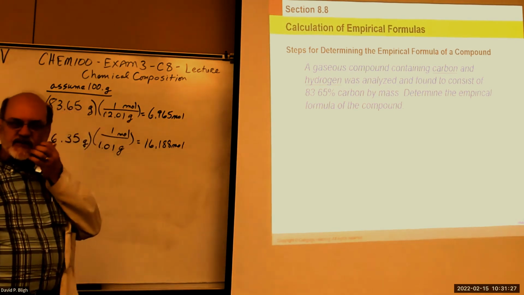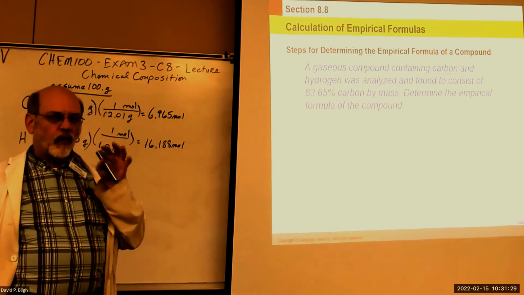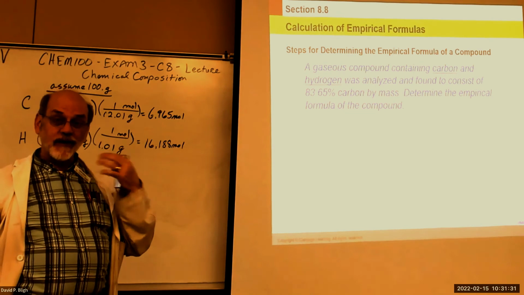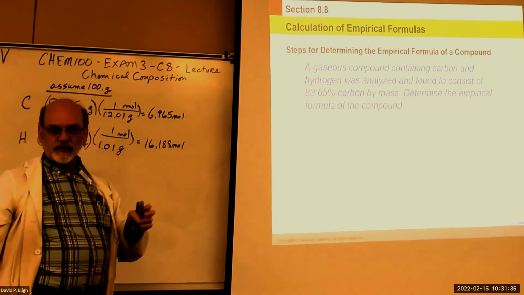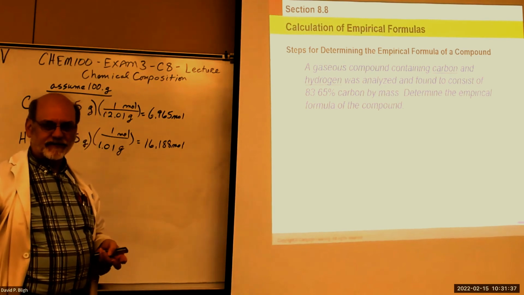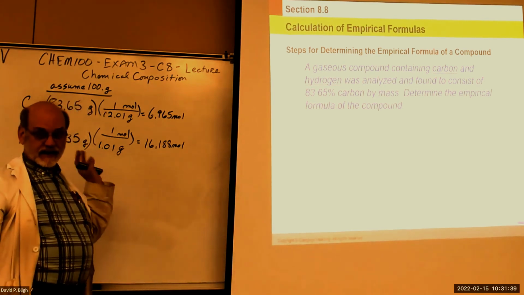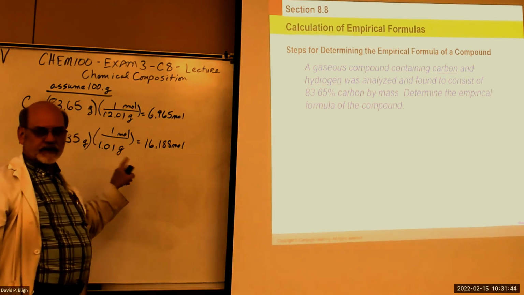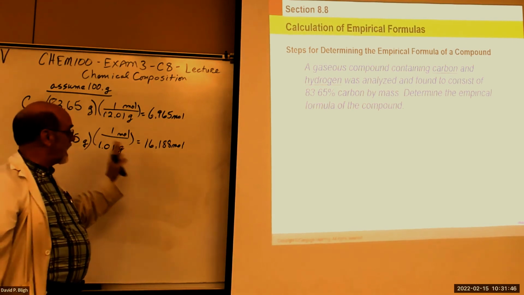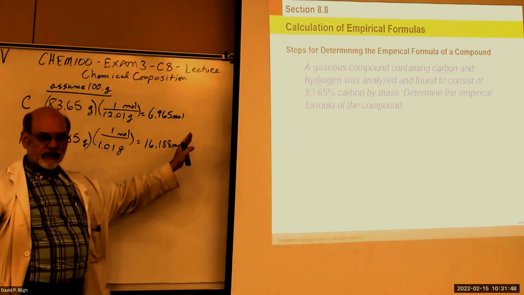This is one of those cases where, in order to avoid introduction of rounding error, I keep as many decimal points as I want. And I'll show you why it doesn't make a difference here. Significant figures aren't as important as having plenty of decimal places.